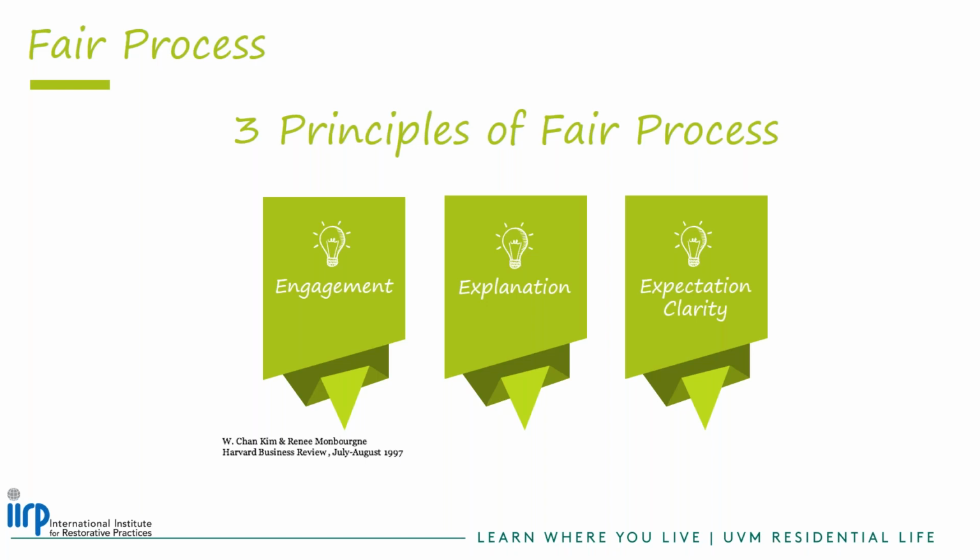How are we as a team, or as a group, going to carry out the decision that I've made? True fair process involves all three components. If you happen to miss one component, like you don't do explanation or you don't do the expectation clarity, it's not fair process.